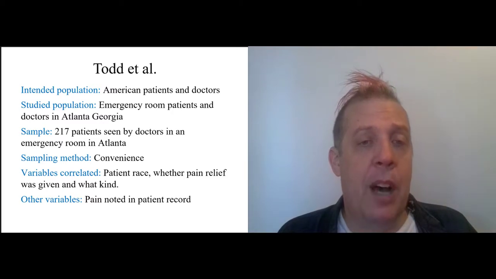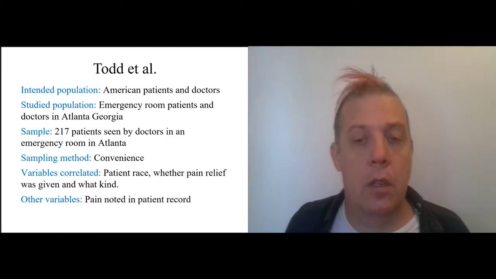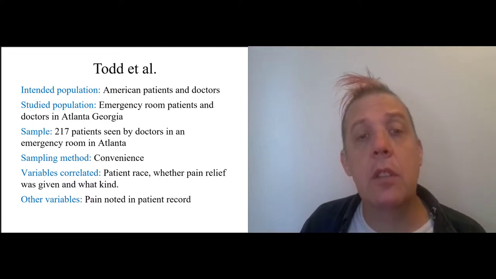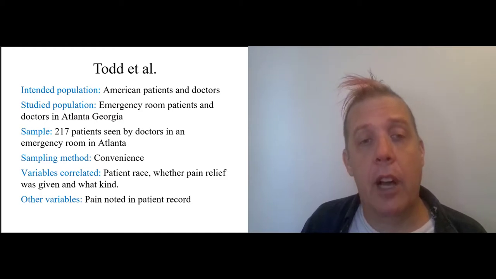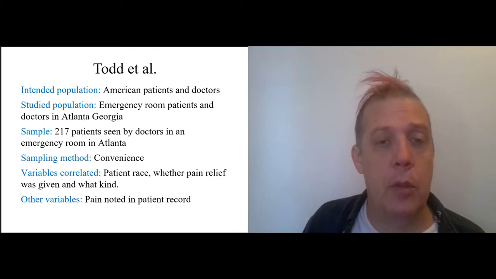The studied population is just emergency room patients and doctors in a particular hospital in Atlanta, Georgia. So the sampling method here is convenience. That is, the doctors were not randomly selecting people from across the country. They were just looking at an emergency room that was available to them.